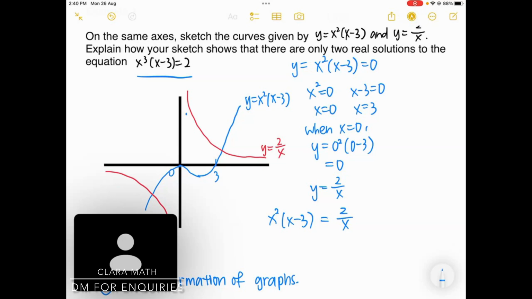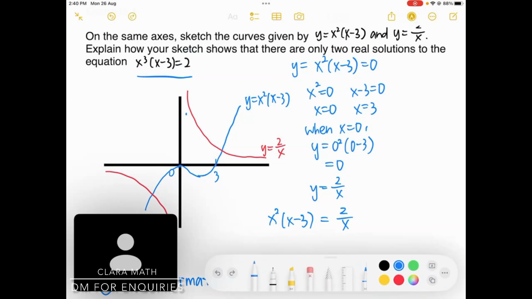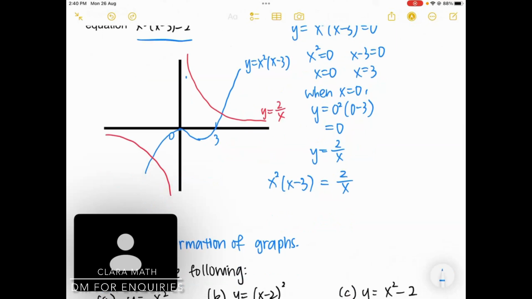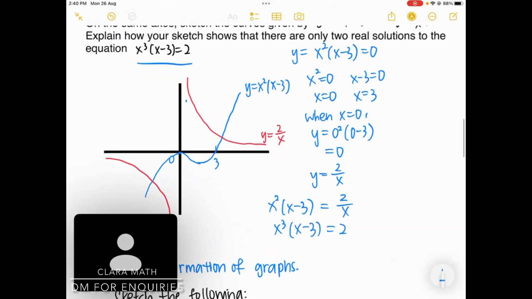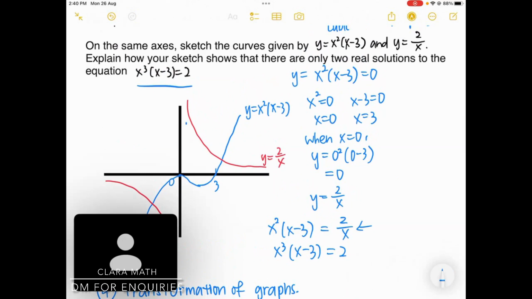But see why they only have a 2 here? The over x moved to the other side. So they just shifted things around. The x moved the other way, then you get x to the power 3. So it's basically the same thing as equating them together.